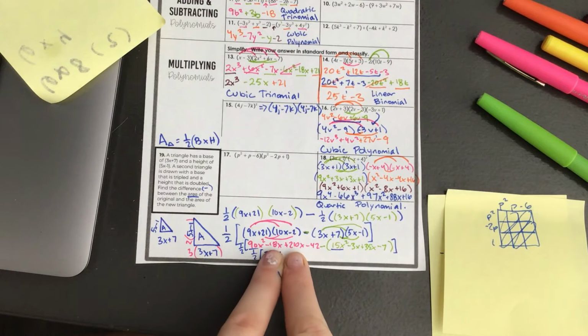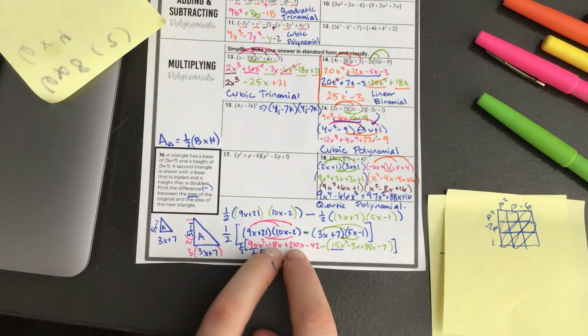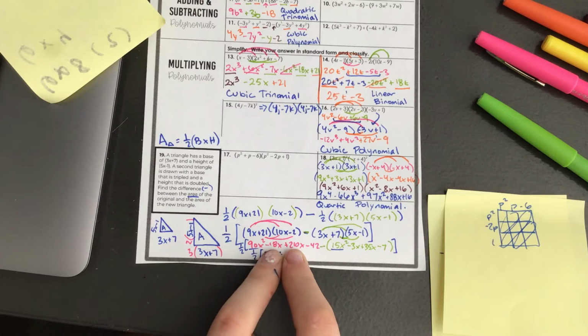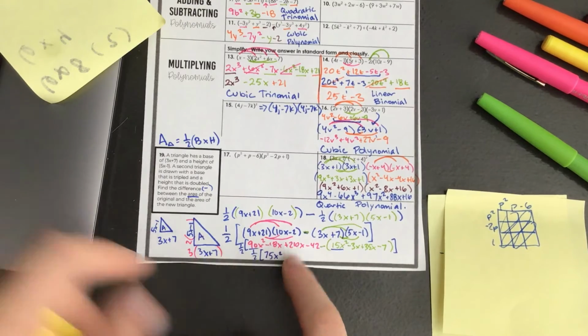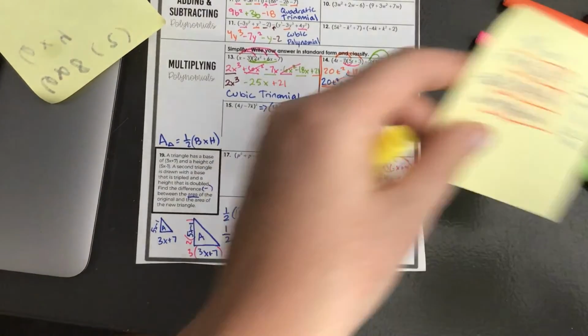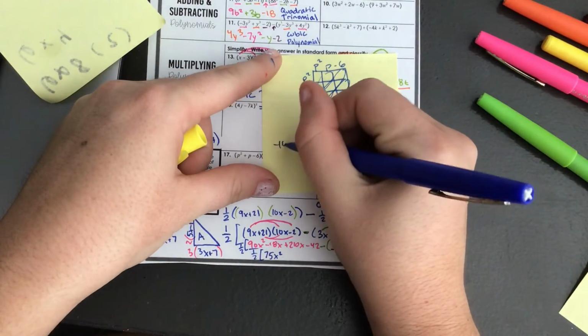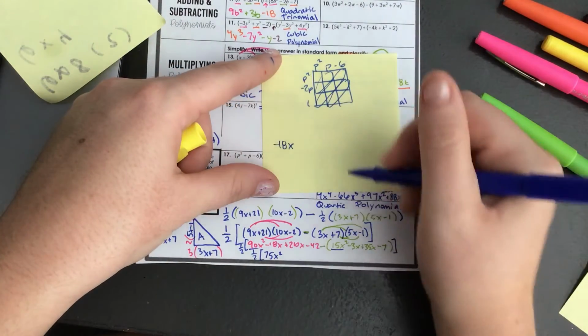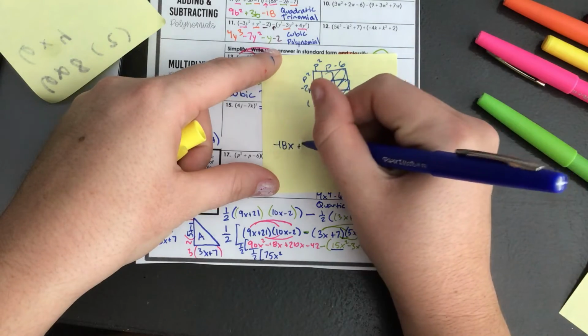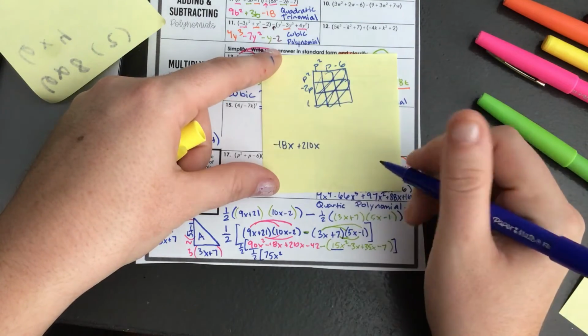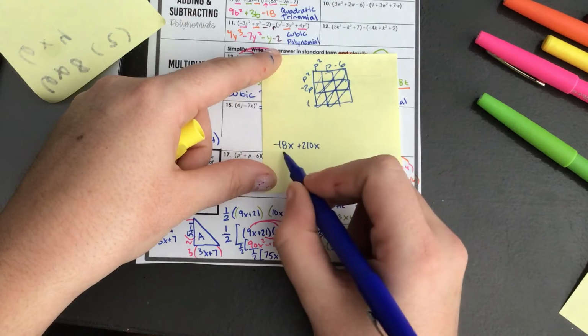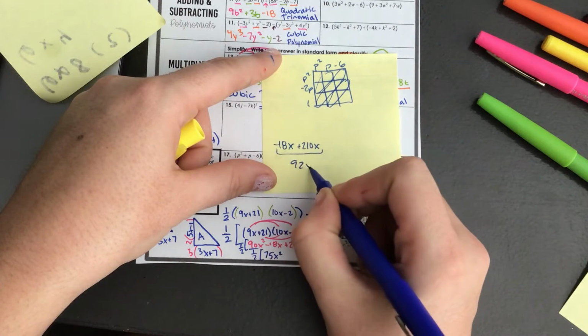I've got an 18 and a 210. One of them's negative. So that would put me at a 192x. Let's just do some scratch work up here. Got negative 18x. I've got plus 210x. That puts me at a 92x.